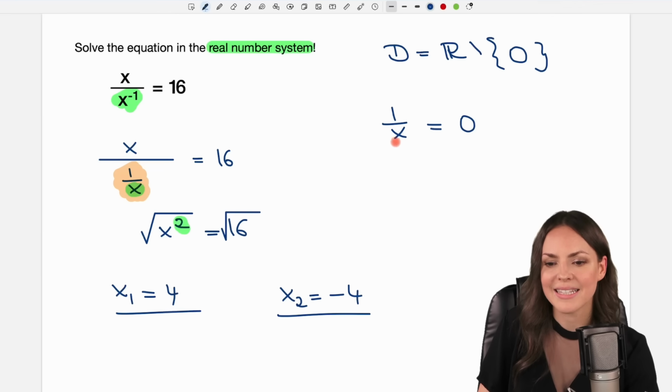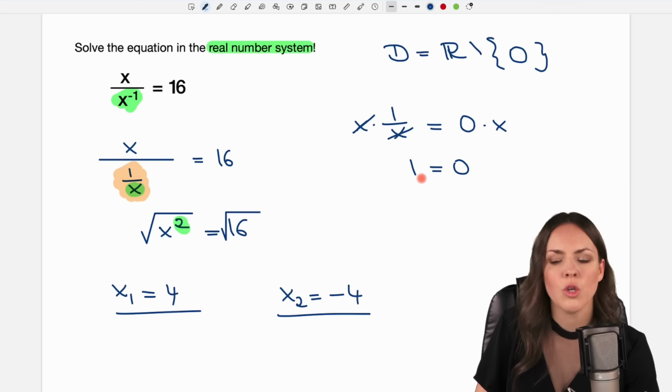We want to get x out of the denominator, so we multiply both sides of the equation by x. Here it cancels out and only 1 is left. And on the other side we have 0 times x, which just equals 0. So 1 equals 0. That is not true. This is not a true statement. So 1 over x cannot equal 0, which is good.